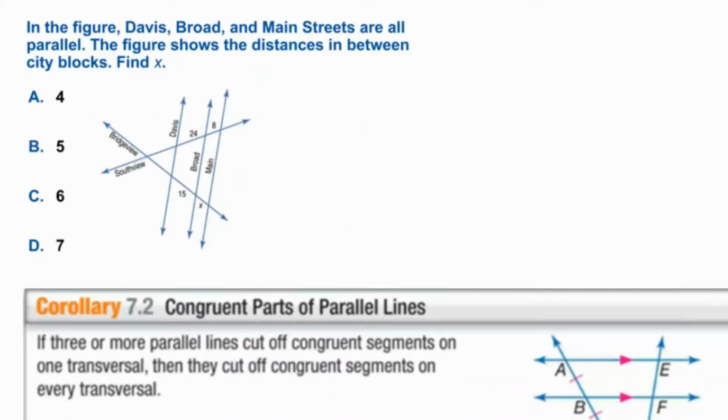And in the figure, Davis, Broad, and Main Street are all parallel. We want to find x. Setting up our proportion, we would have 24 over 8 would equal 15 over x.